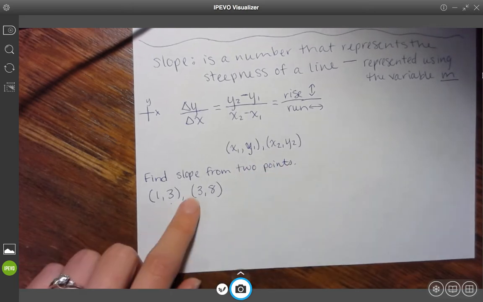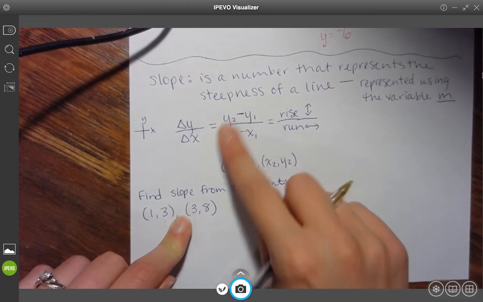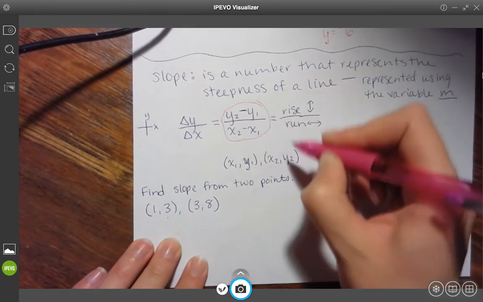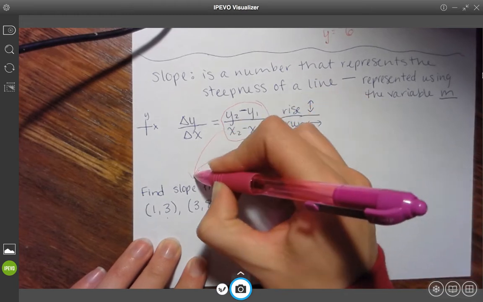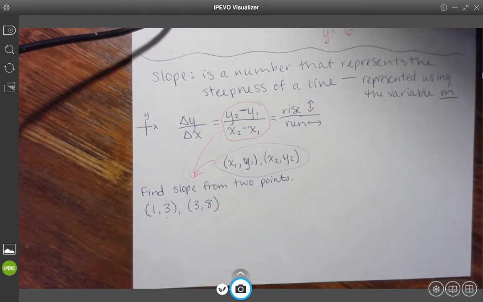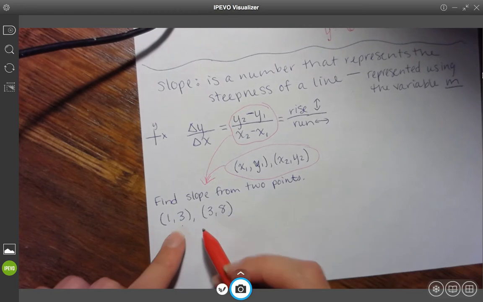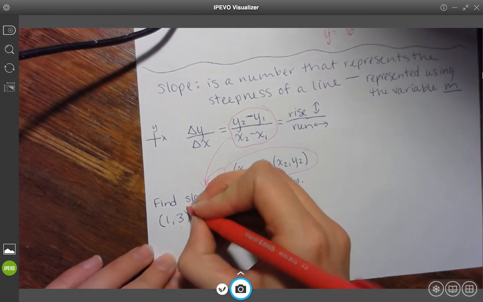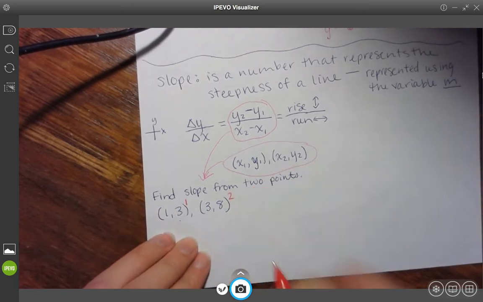To find my slope, I'm going to use this formula here. What I'm going to do is pick one of these points to be my first point. I'll pick this to be my first point because it's listed first. Then I'll pick this to be my second point.